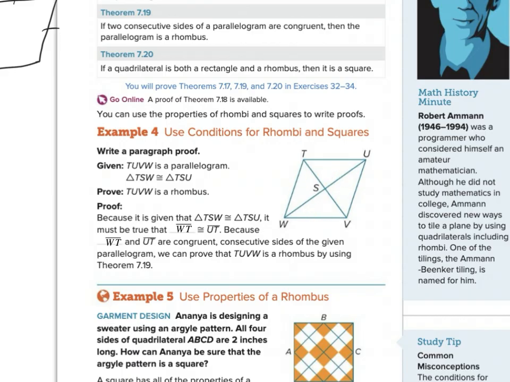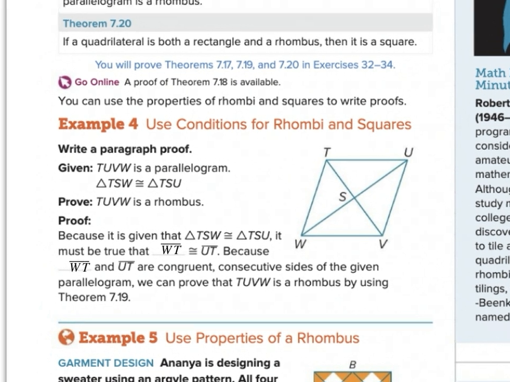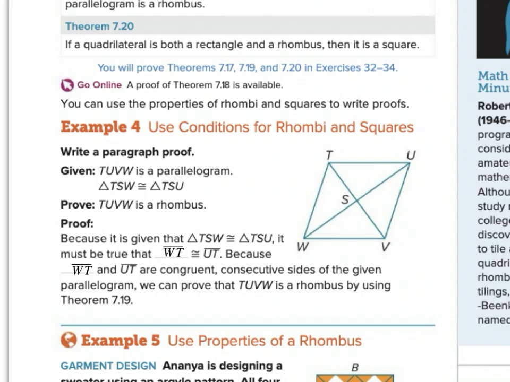This is a rhombus. It's a parallelogram, and we know that these two triangles are congruent. So let's see, TSW is congruent to TSU. Okay, so these are congruent, and it's a parallelogram, so I know that this is congruent to this.